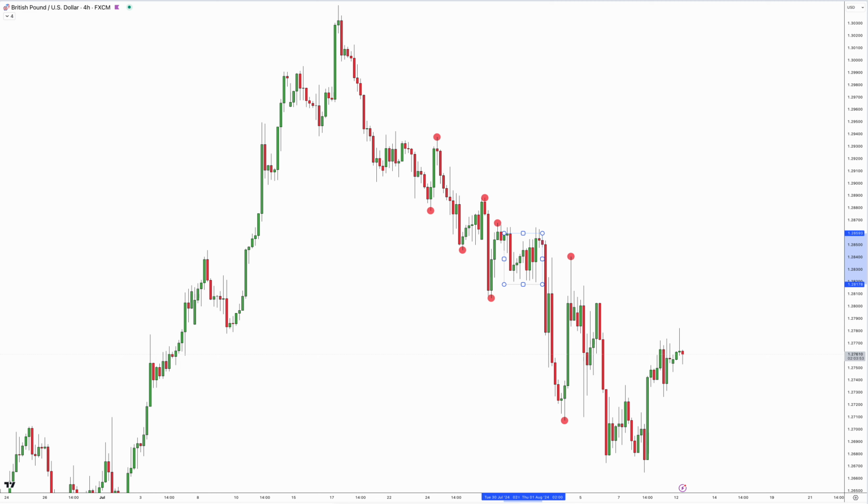This area here is not a level of structure. That is because this has not broken this level, the previous lower low. Price must break that previous lower low before it can be considered structure.